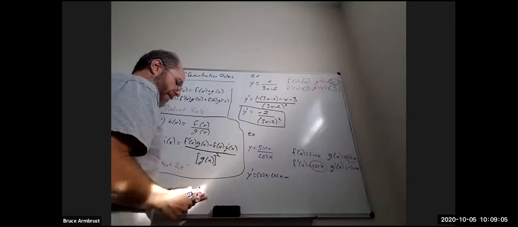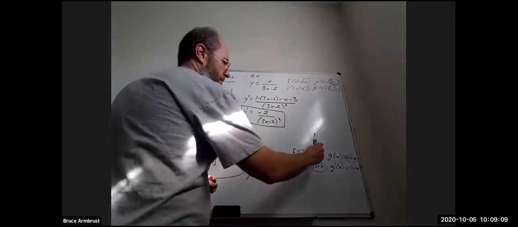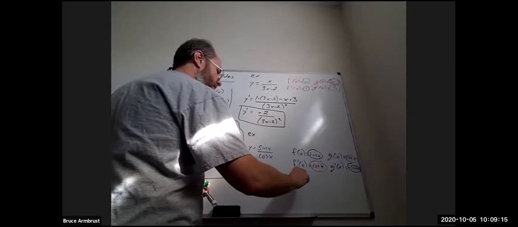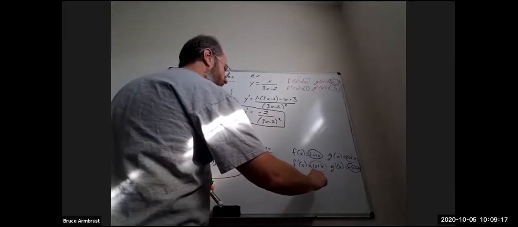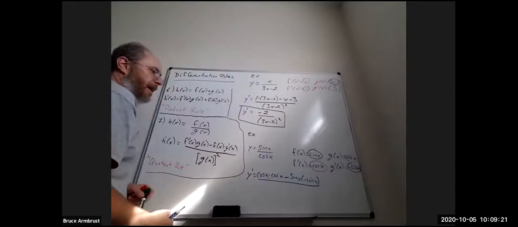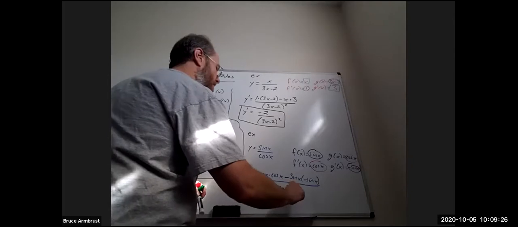Then I'm going to subtract the top one times the derivative of the bottom one. So that's those guys. So I'm going to get sine of x times minus sine of x. And then I'm going to divide that by the bottom squared.